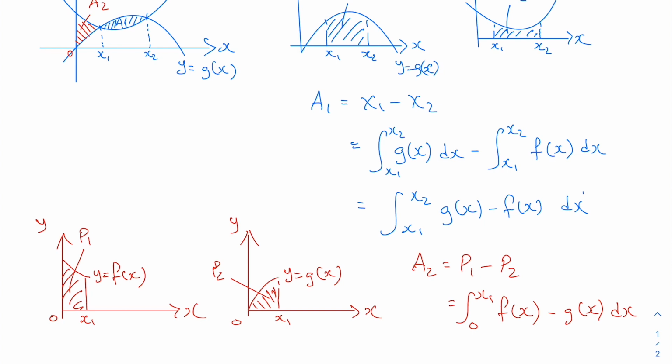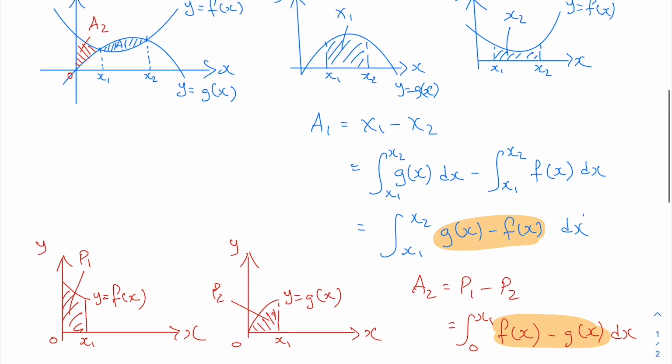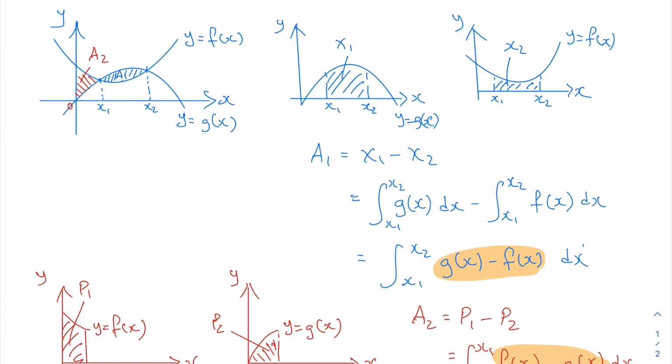So notice the difference. Earlier we have g(x) minus f(x) over x1 to x2 range. Now we have f(x) minus g(x) over 0 to x1 range. So I hope this gives an idea of what integration entails and the things to look out for when doing calculation of area under a curve.